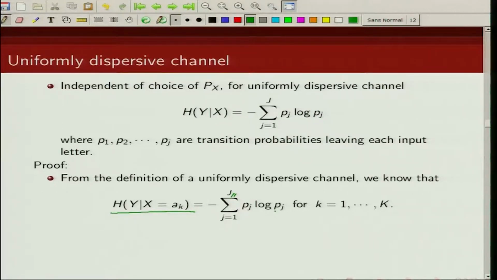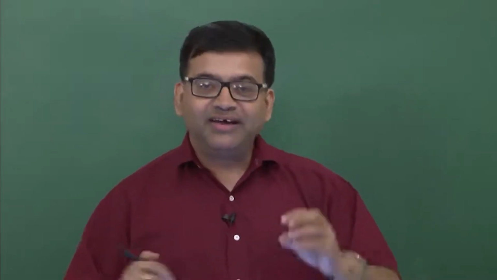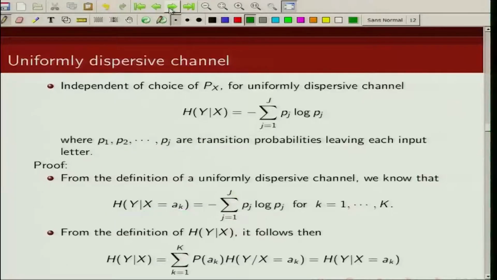Now we know that these transition probabilities P1, P2, P3, up to Pj, when arranged in descending order, are the same no matter what input you consider. So from the definition of conditional entropy of y given x, we can write this as this.